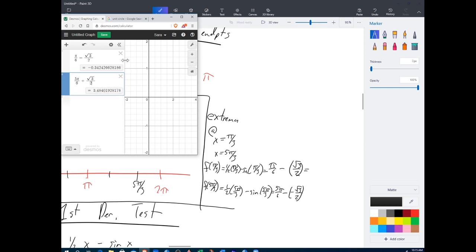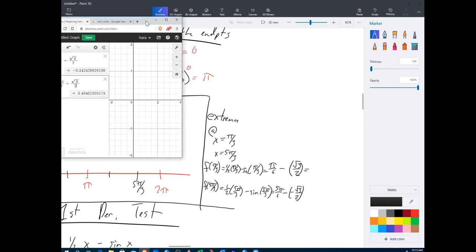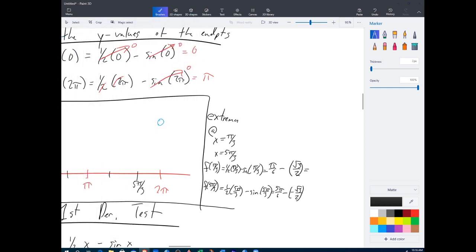Alright, and I'm going to take this off the screen, my calculations, so that I can still see them when they disappear. But this one was about negative 0.34. This one was about 3.48.